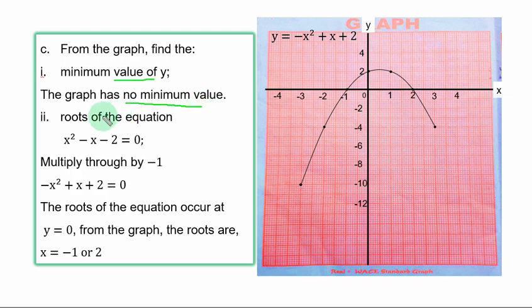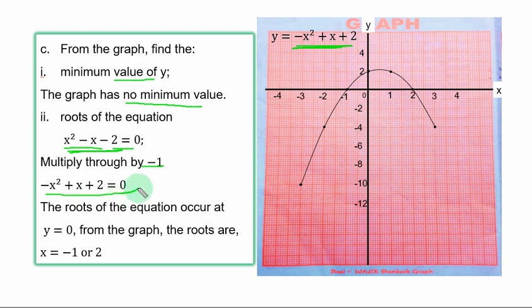Figure 2, roots of the equation s squared minus s minus 2 equals 0. Now, the graph you plotted is this. You can only solve this equation using this graph if you can simplify the given equation to exactly this. To achieve that, multiply through by minus 1. So you have this result.